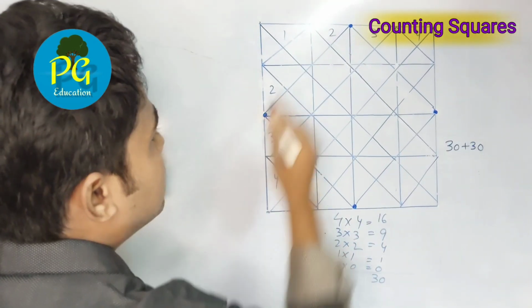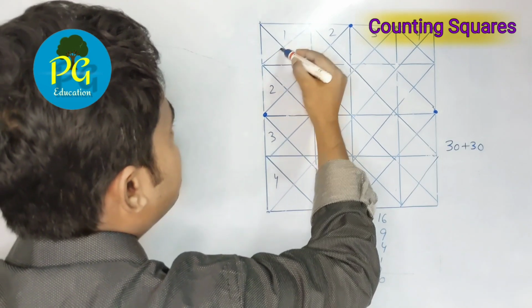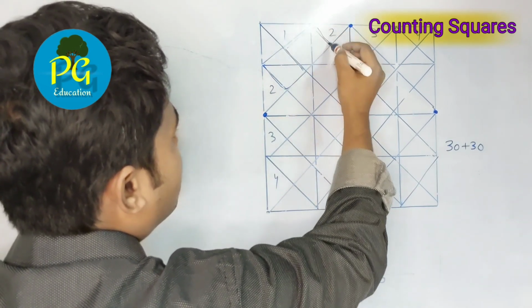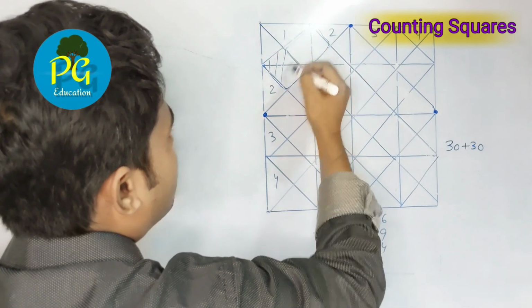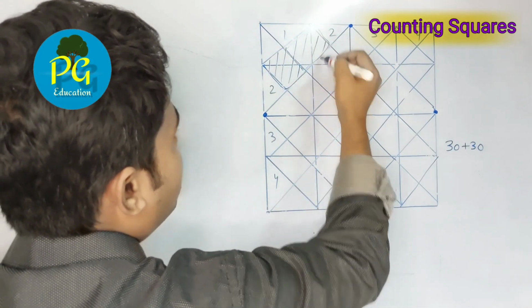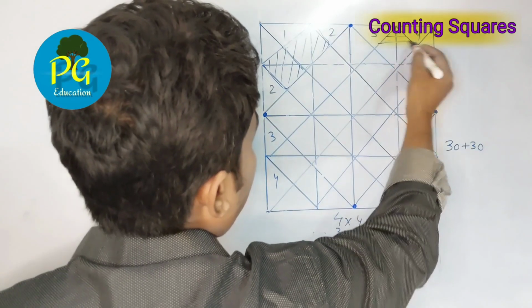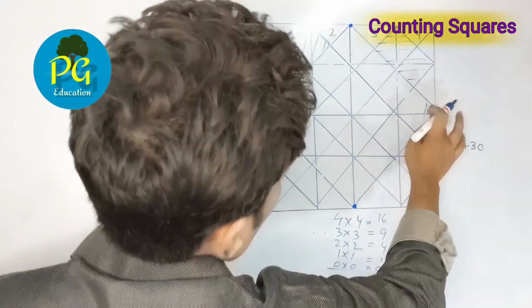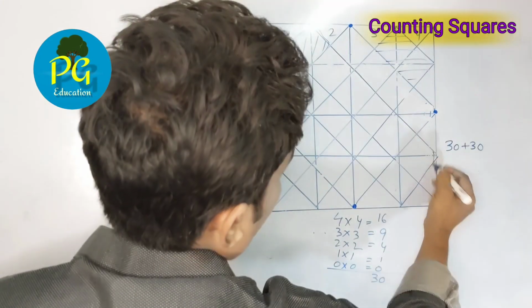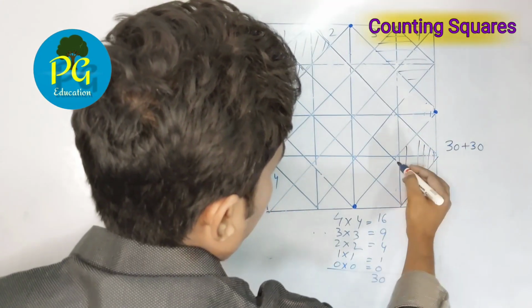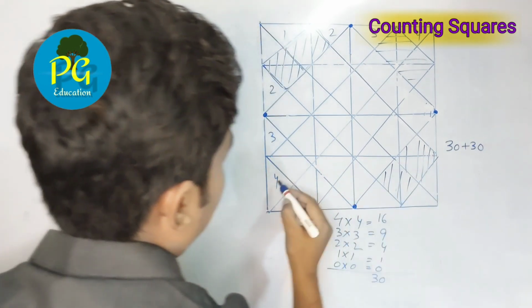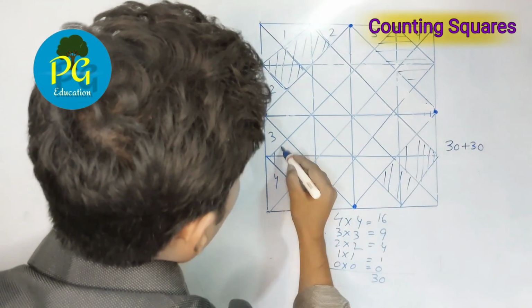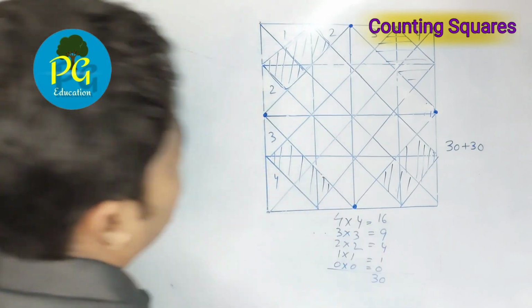Understood? Here you look, this is a square, this is another square. So here we got 2 squares, here we got another 2 squares, here we got another 2 squares, here also we got another 2 squares.